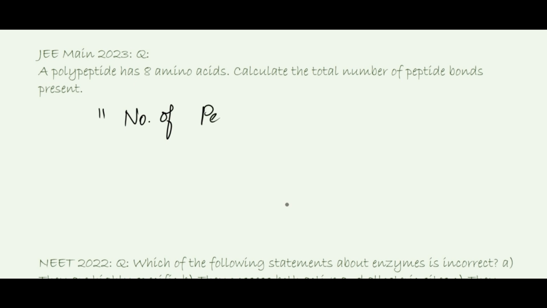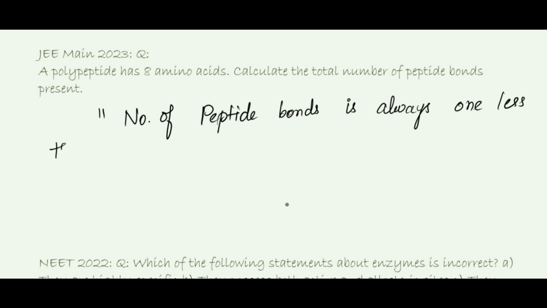Number of peptide bonds is always 1 less than amino acids. So they have given 8 amino acids. So how many peptide bonds will be there? 7. 7 peptide bonds. Very simple question.